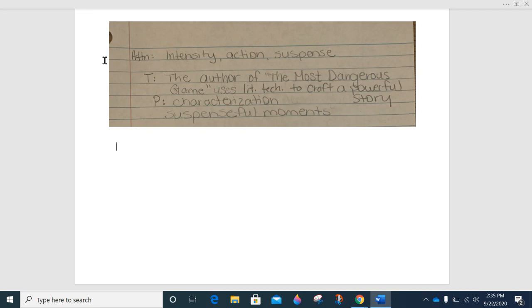So I am going to say here, a short story has an exciting plot. Okay, so I am going to be talking about plot, so I'm starting to connect to my topic already. Say that often means the events include intensity, action, suspense.